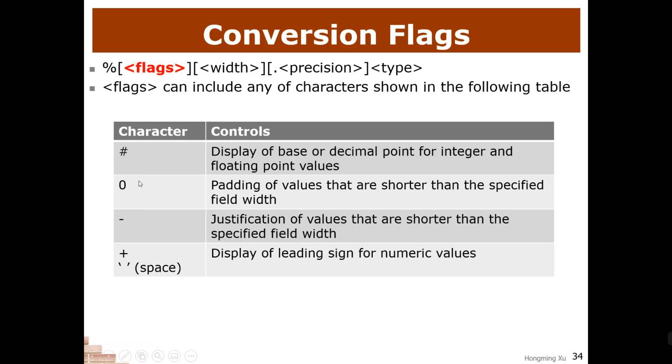The character 0 controls the padding of values when the variable is shorter than the specified field width. The minus sign here controls the justification of values when the data is shorter than the specified field width. These two, plus and space characters, are used to control the display of the leading sign for numerical values.